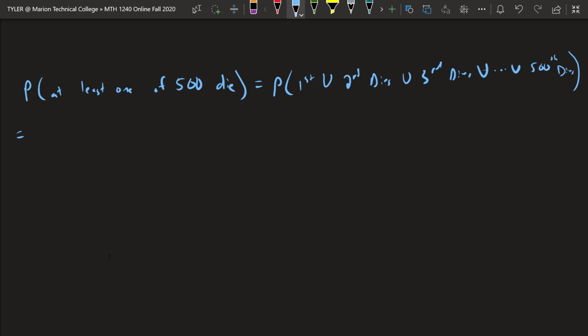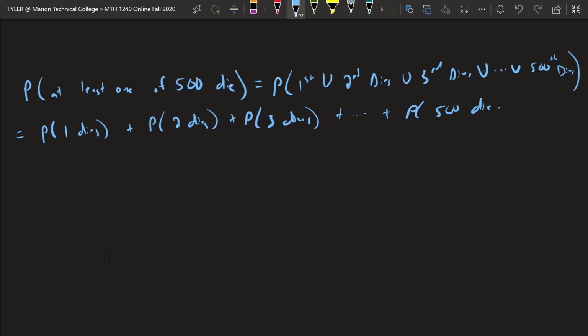If one person dies, that's not going to overlap with two dying and so forth. So this would be equal to the probability that one dies plus the probability that two people die, plus the probability that three die, plus ... plus the probability that 500 people die. Right, so trying to calculate each of these would be very time consuming.